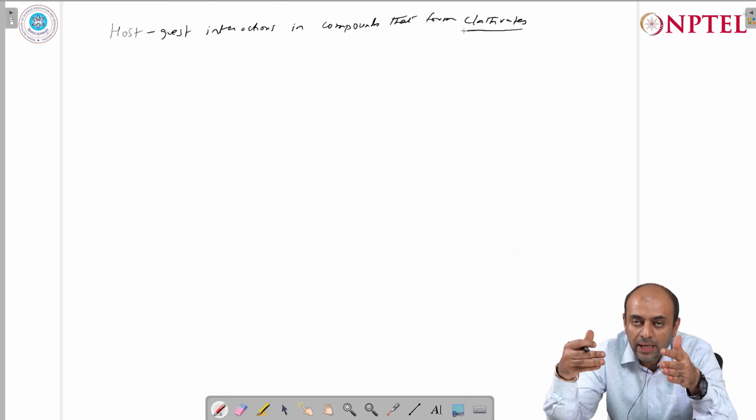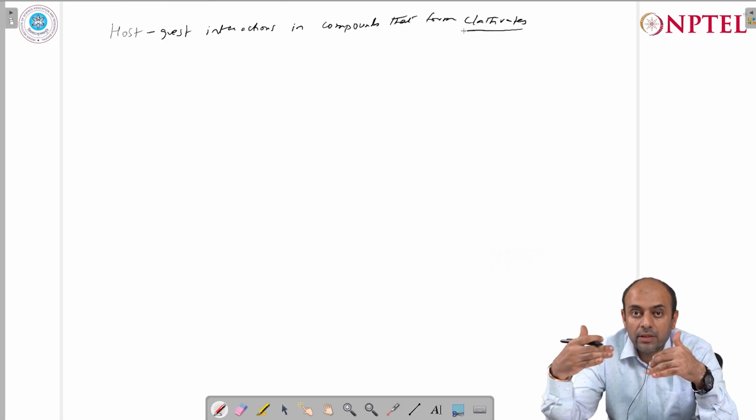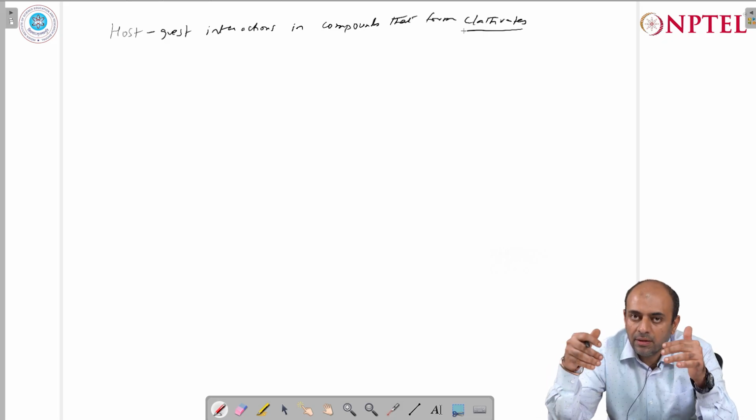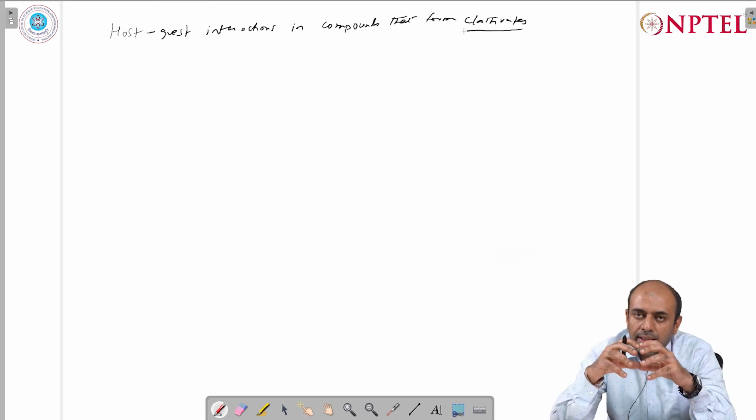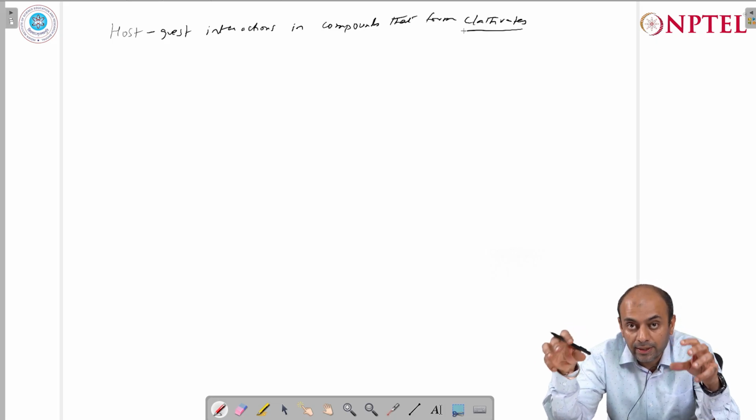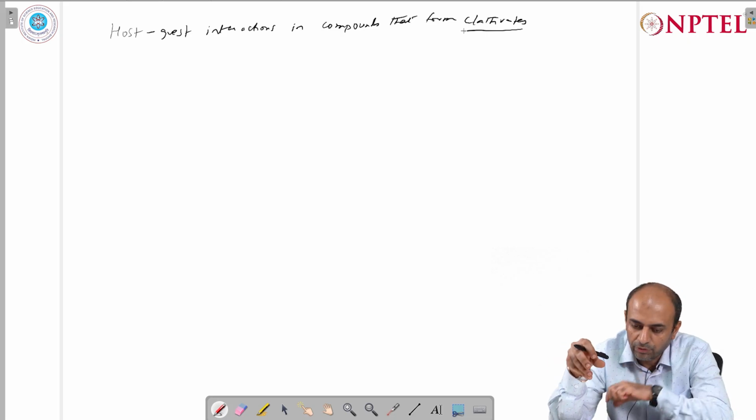And I can also have the host which has got different crystalline arrangements, and this phenomenon by which a host molecule or any compound can exist in different crystalline arrangements is referred to as polymorphism.